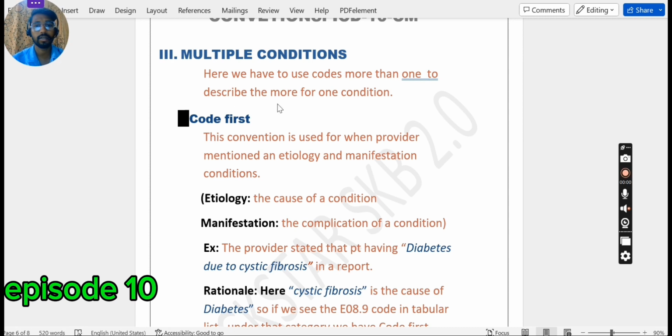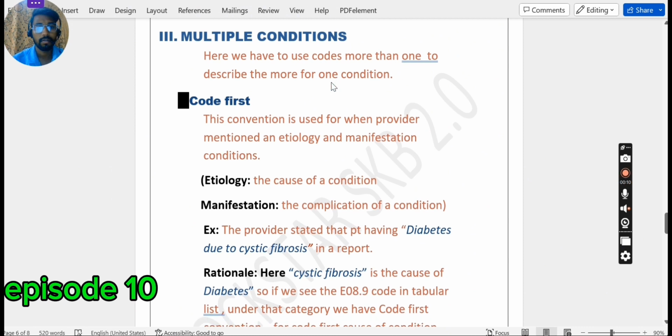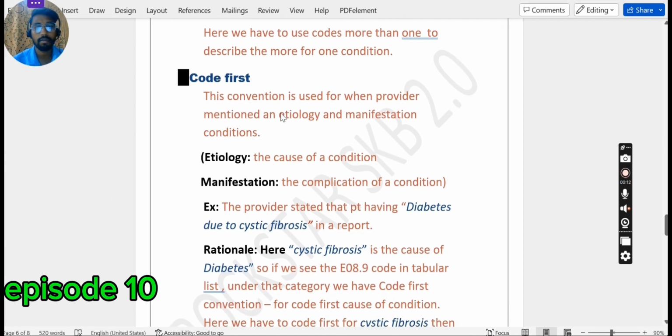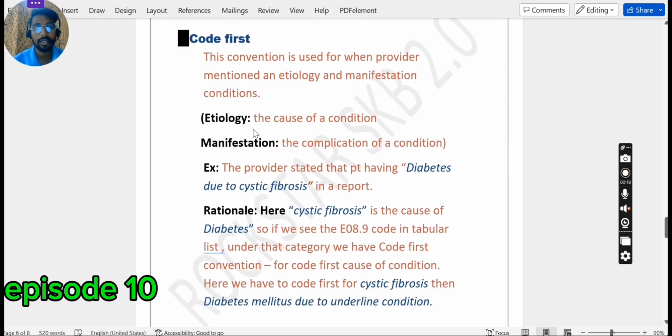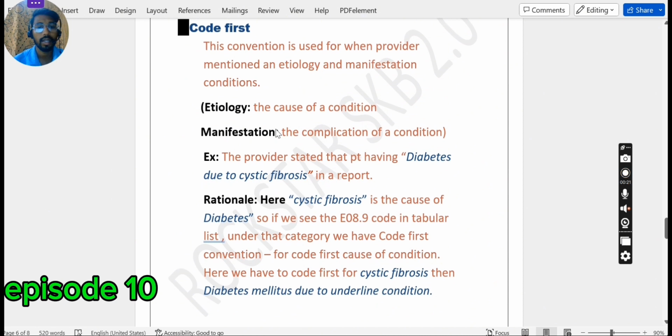The next conventions are based on multiple conditions. Here we have to use more than one code to describe one condition. The first one is code first. This convention is used when the provider mentions etiology and manifestation conditions. Here etiology means the cause of the condition and manifestation is the complication of the condition.